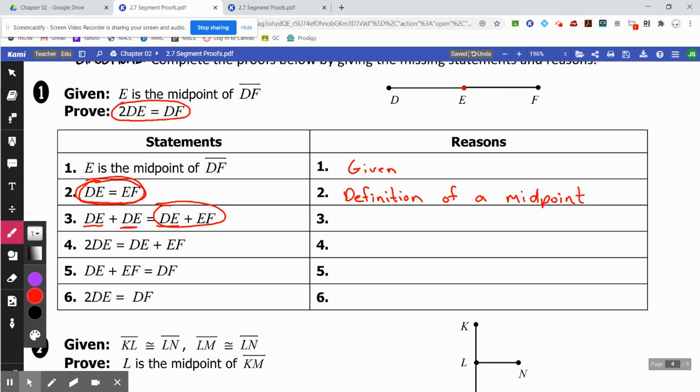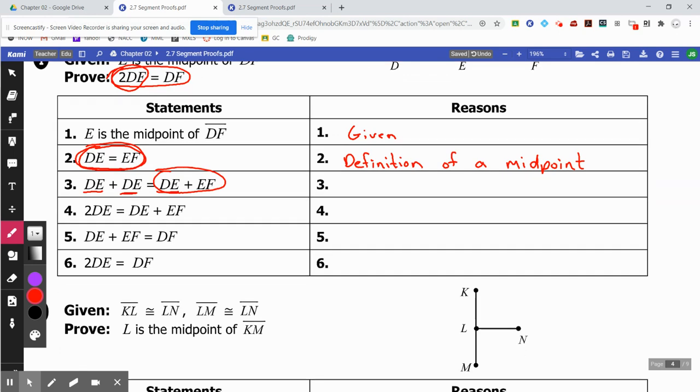And the DE plus DE on the left side, well, look what you're trying to prove. We want two DEs on that left side. Now, why is that even legal? If two things are equal, then as long as you're adding the same thing or equal things to both sides, that stays equal. That's the addition property of equality.